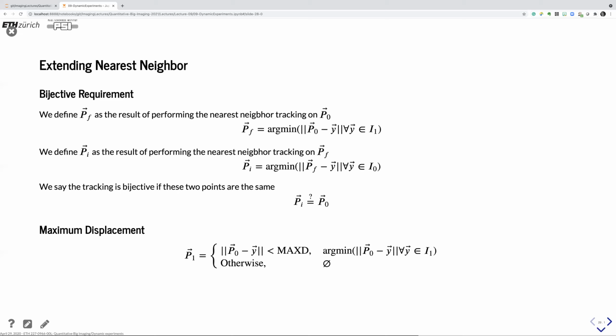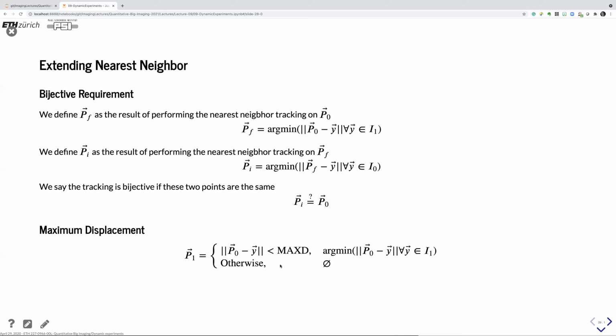And then you do the back checking, taking the original image and finding the best fit in that one. So from image 0, checking with the pixels in image 1, you get this point, and then you compare that point to all the points in image 0. And if those two are the same, then you can say, great, this is a good tracking.